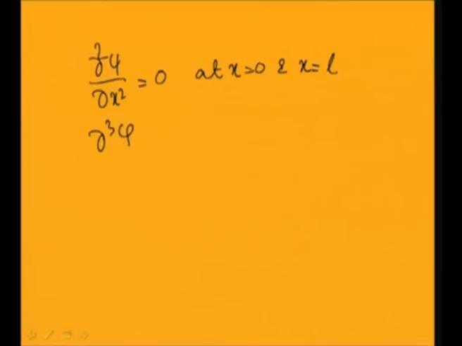So I can write del square psi by del x square equal to 0 at x equal to 0 and x equal to L. Similarly, del cube psi by del x cube equal to 0 at x equal to 0 and x equal to L. Proceeding in the similar way, you will find the frequency expression, which will be same as that of the fixed beam.